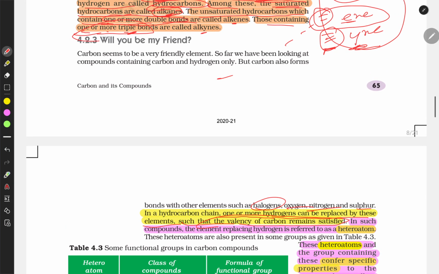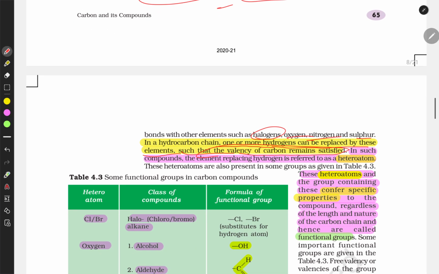So carbon seems to be a very friendly element, and so far we have been looking at compounds containing carbon and hydrogen only. These are called hydrocarbons. But carbon also forms bonds with other elements such as halogens. Halogens are the group 17 of the periodic table, and oxygen, nitrogen and sulfur.